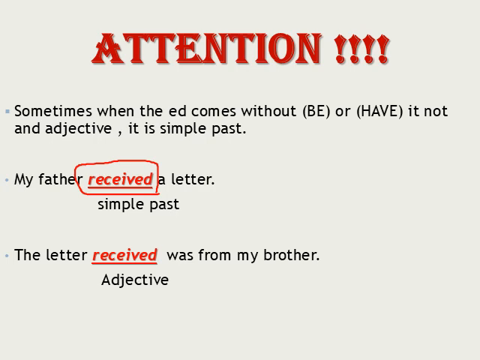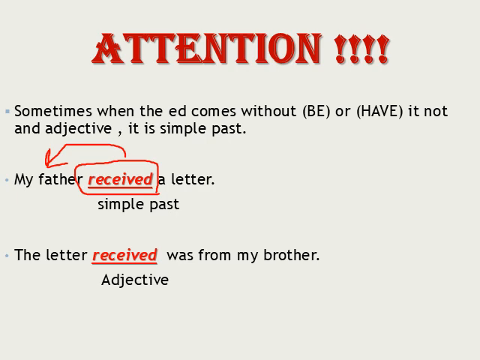But is it an adjective describing the noun before? No, here it is not an adjective, though it comes without a verb to be or a verb to have. In this case, this is a simple past. It is verb 2, not verb 3. It's not the topic of our skill. This is simple past. Okay, fine.